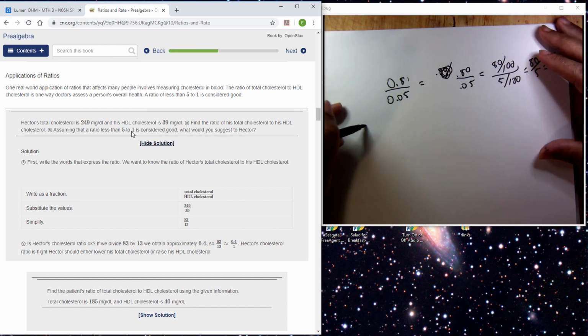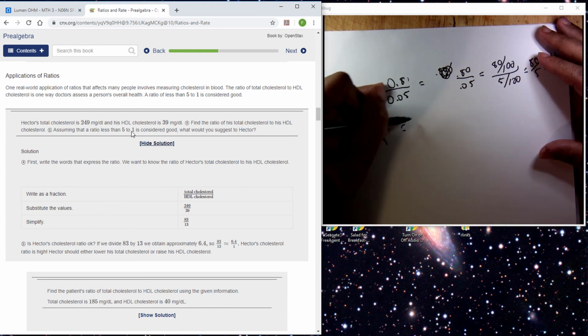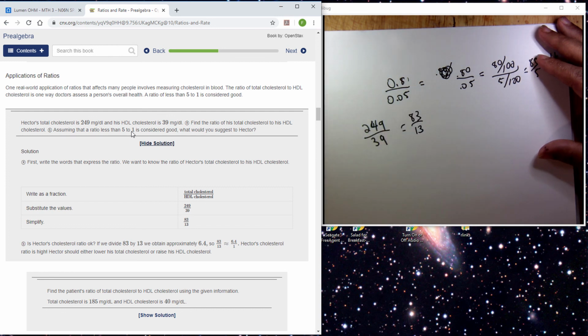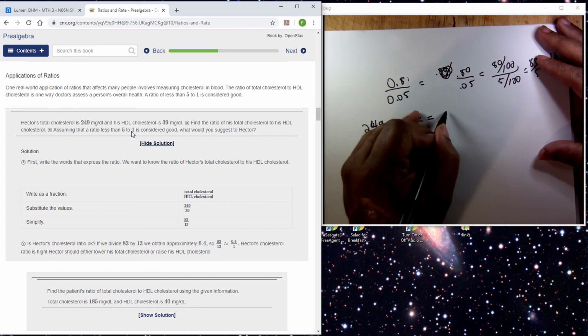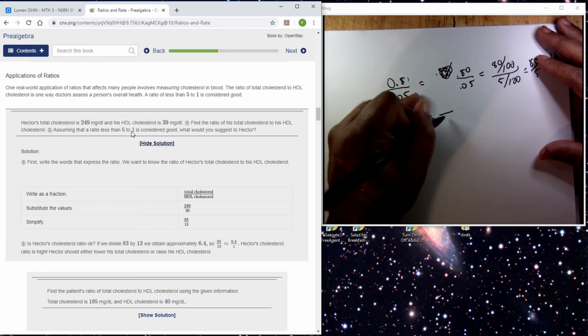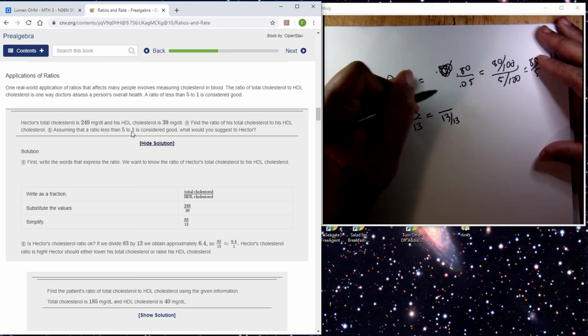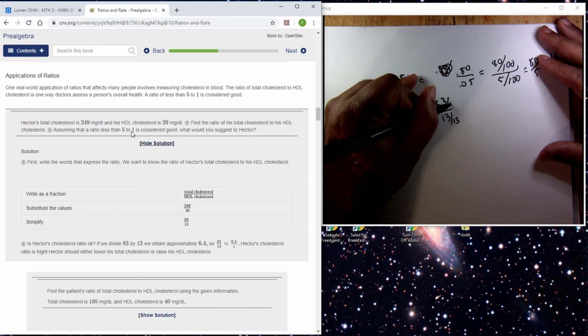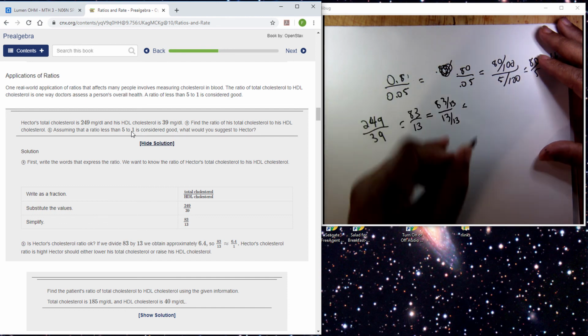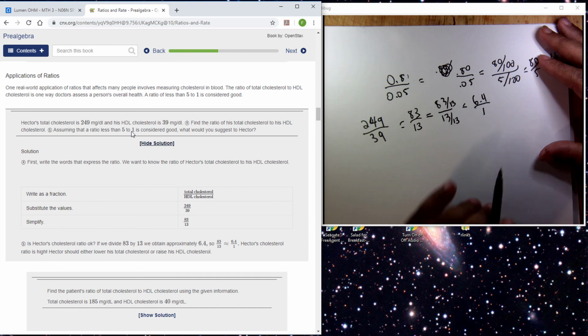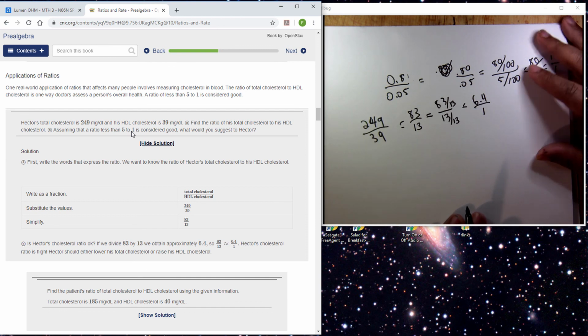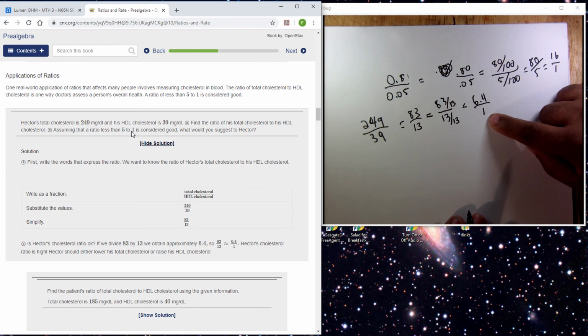So when they have 249 to 39, and that simplifies to 83 over 13, I want to find out what the ratio would be if I set the denominator equal to 1. So I have 13 over 13, and I have 83 over 13, which will give me 6.4 to 1. So what this tells me is that Hector's cholesterol level is high.